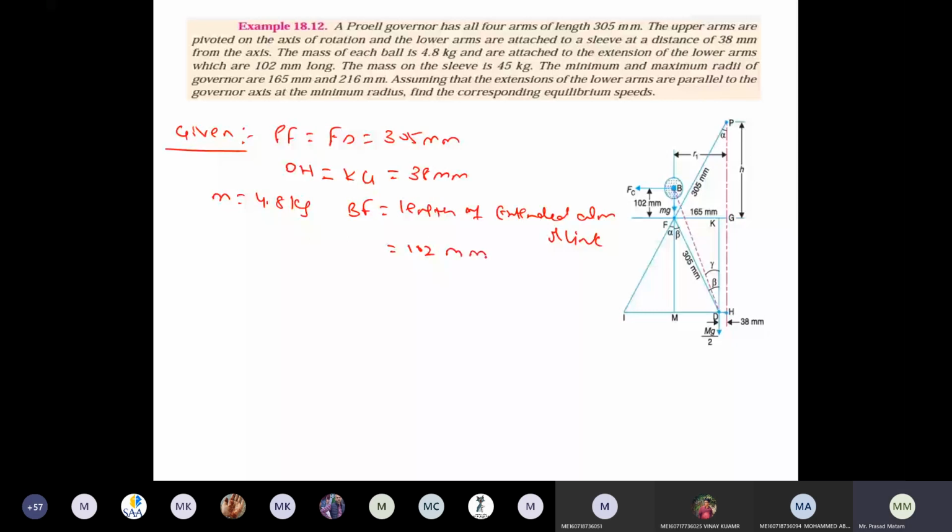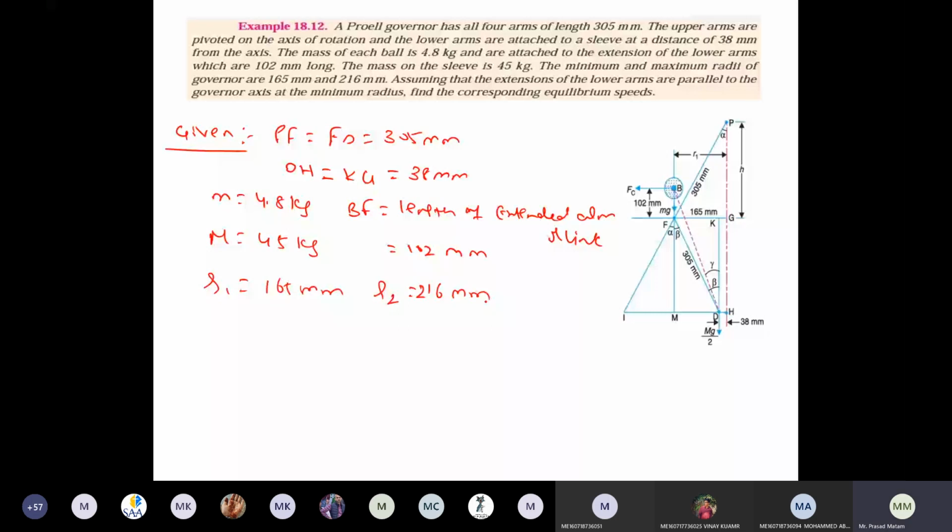The mass of the sleeve is 45 kg, that is capital M. The minimum and maximum radius of rotation: R1 is the minimum, 165 mm, and R2 is the maximum radius of rotation, that is 216 mm. Assuming that the extension of the lower arm is parallel to the governor axis.